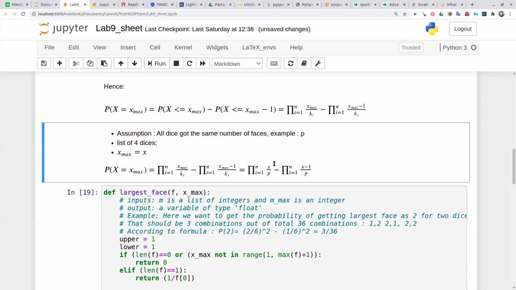I don't understand why these two formulas are different. Hello? I'm trying to find a better way to explain to you.